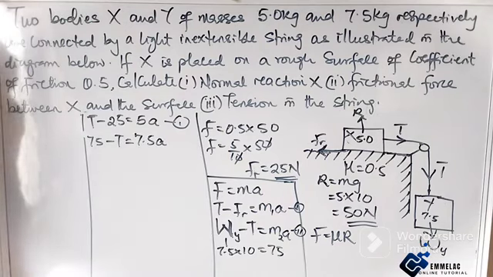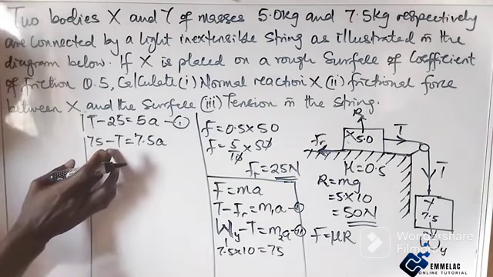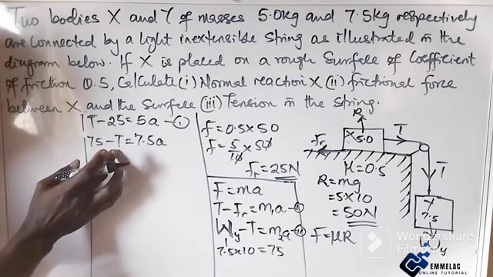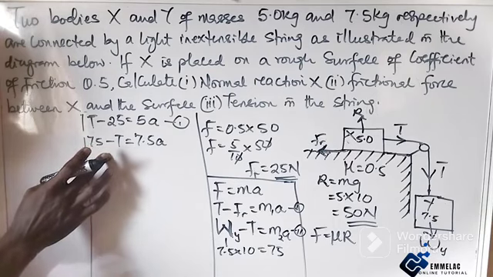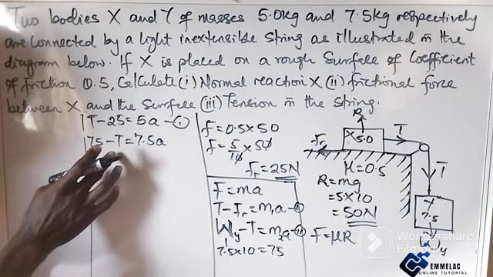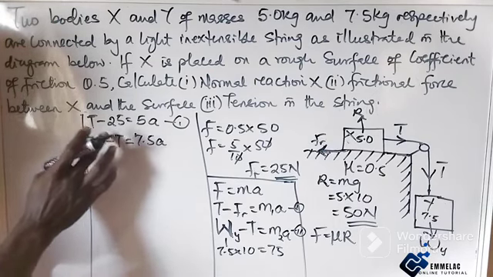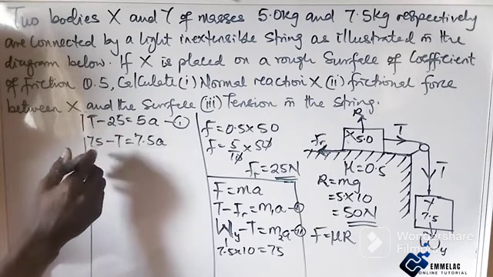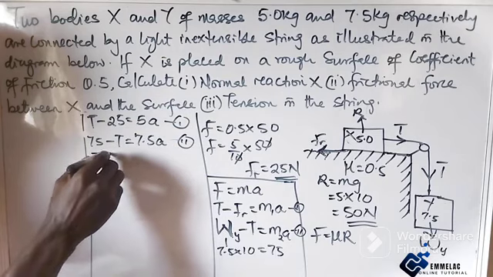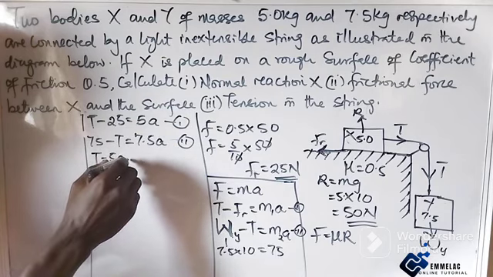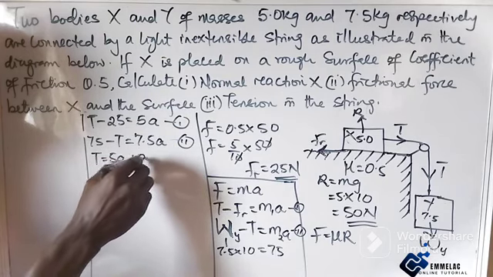Okay, so with this now, let's change this equation. Making T the subject of the formula from equation 1, we can say that T equals 5a plus 25.